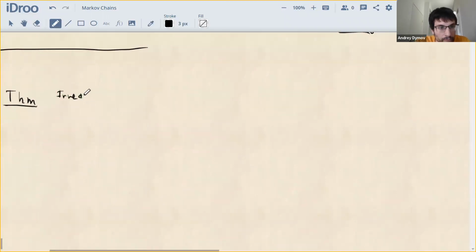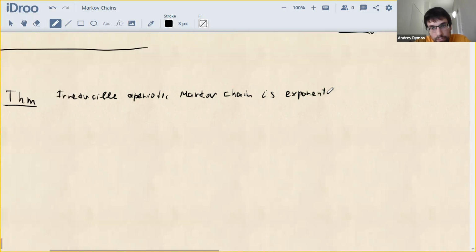Irreducible aperiodic Markov chain is ergodic, exponentially ergodic. Is exponentially ergodic.